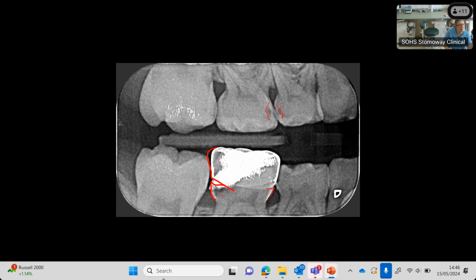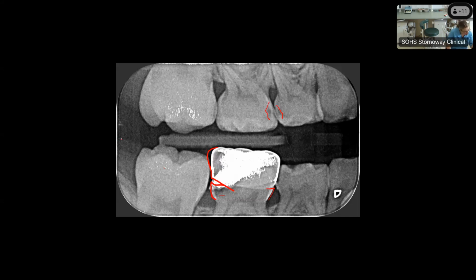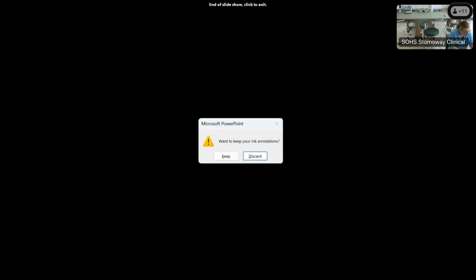Even the D's, probably 6-year-old, maybe, something like that. In fact, you can just about see soft tissue. So those 6s aren't even fully erupted, so that might even be 5. Right, let's do one more for today, because I think we've gone through quite a lot.